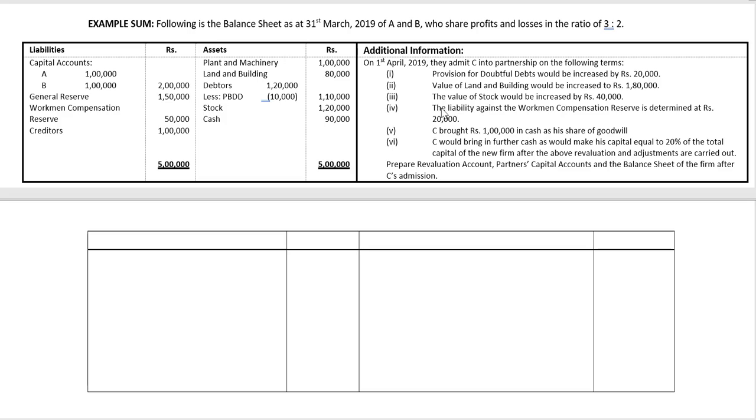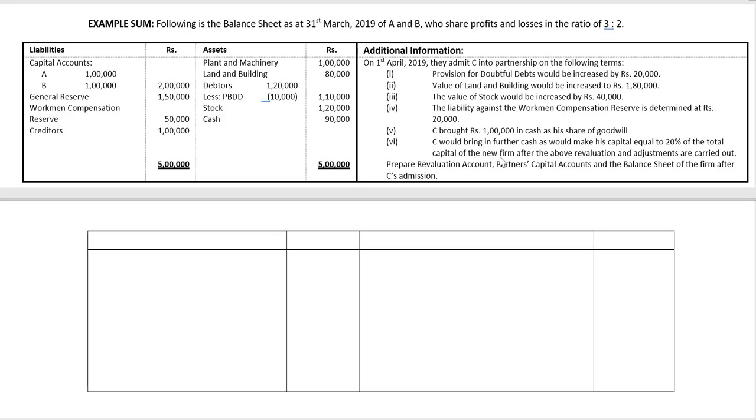Third point. The value of stock would be increased by rupees 40,000. Fourth point. The liability against the workmen compensation reserve is determined at rupees 20,000. Fifth point. C brought rupees 1 lakh in cash as his share of goodwill. Sixth point.